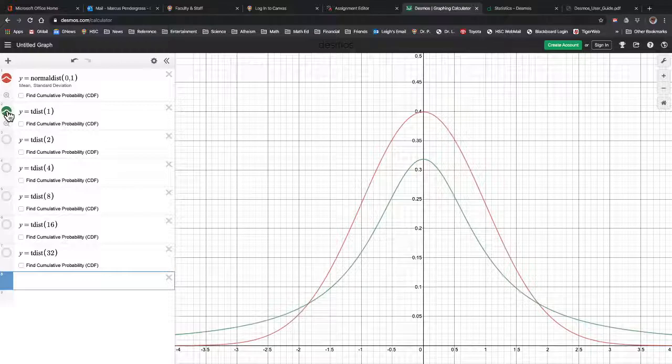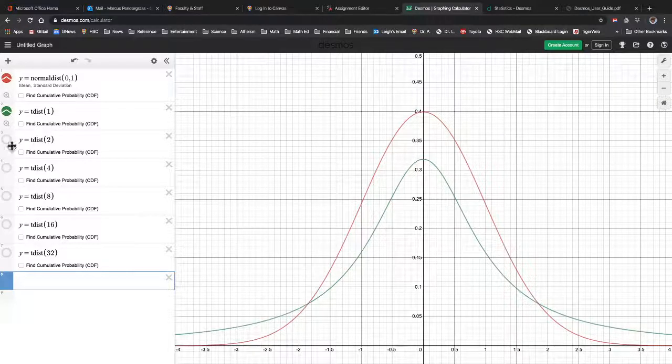You can see that it has a normal shape, that classic bell curve shape, but it is not as tall, and its tails are wider than the tails of the standard normal distribution. This is a characteristic of the t distributions. Their peak is smaller and their tails are heavier than a standard normal distribution.